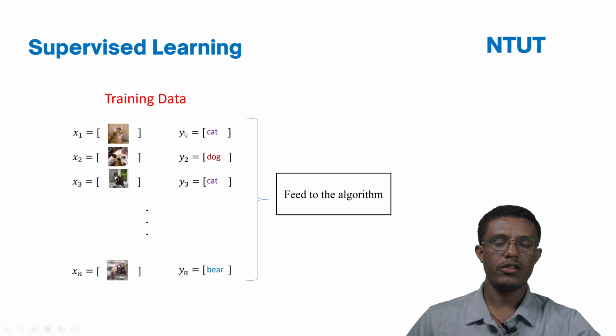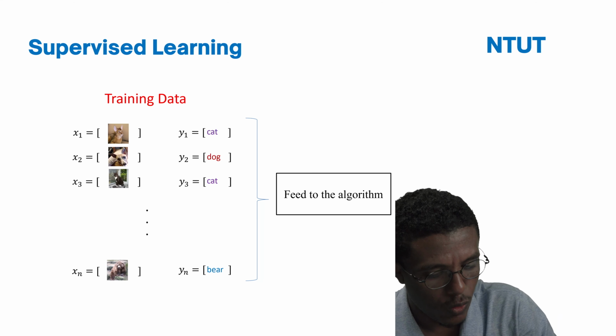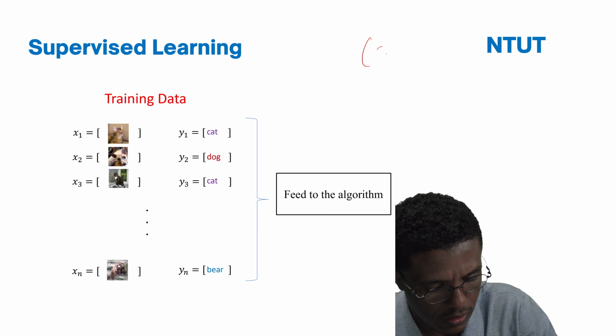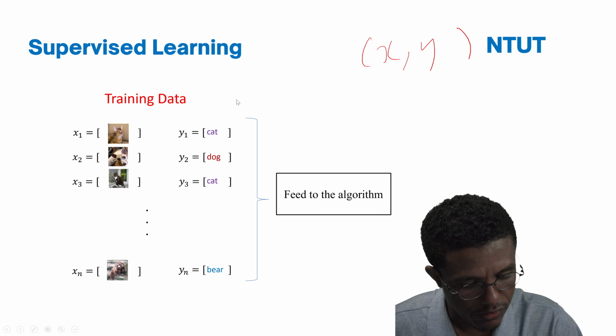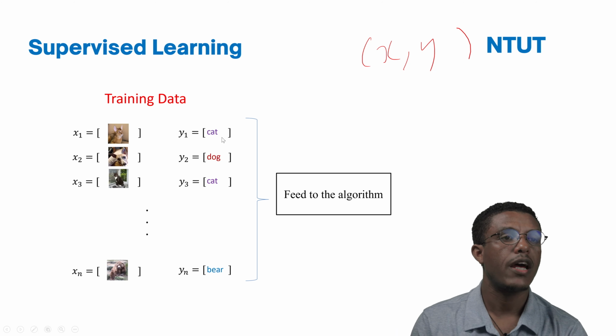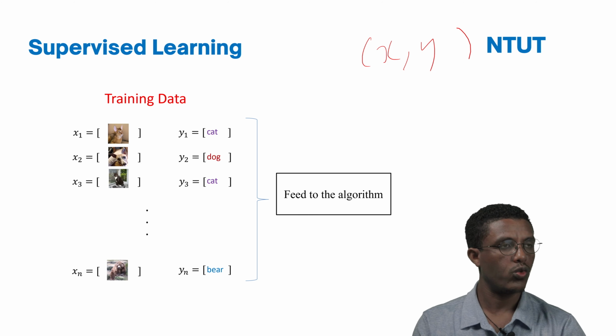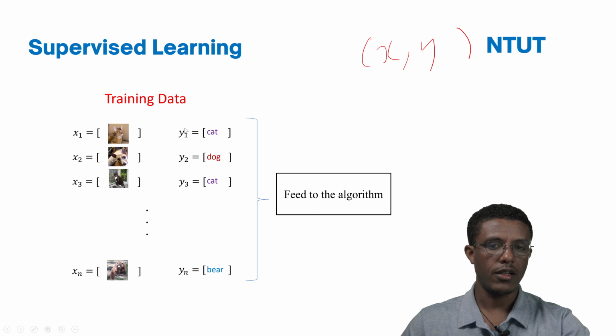For example, in a supervised learning algorithm, we say there is a corresponding x and y. So x represents the input features, and y represents the targets or the ground truth. When we input this x value, the output is the cat.